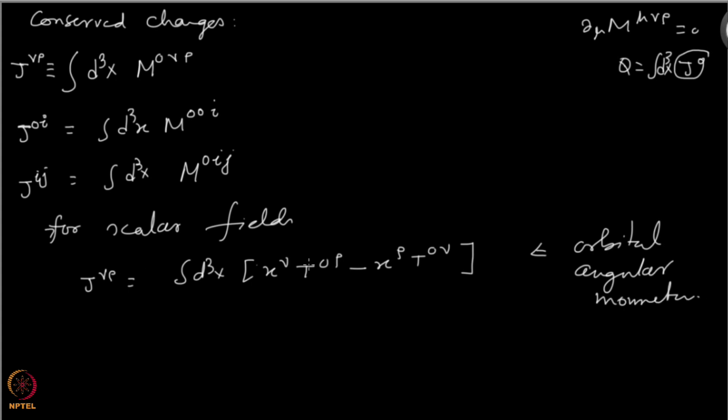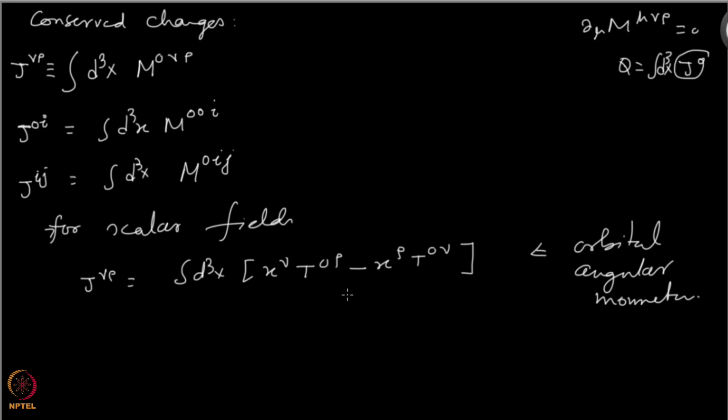Here it is not just the spatial but also the time, nu can take the value 0, and you can put rho equal to I. So this is the generalized version of angular momentum. But if you look at only the spatial indices, then this is what coincides with angular momentum. So that's the relativistic version of orbital angular momentum.